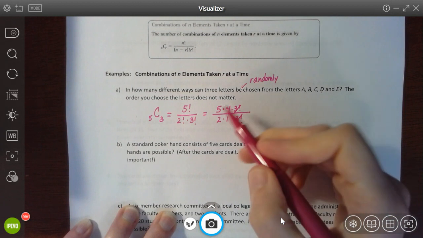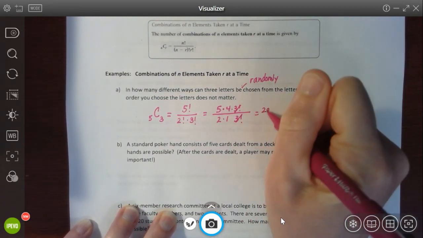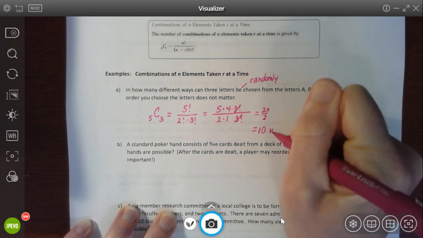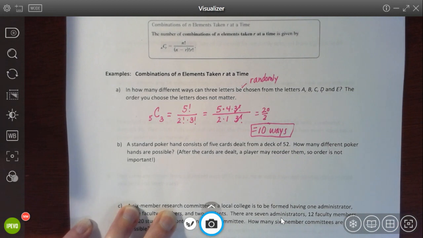So for this one, I have 5 times 4, or 20, divided by 2, and 20 divided by 2 is just 10. So there are 10 ways that I can choose 3 letters from that set of 5. So very similar to what we did with our permutations, but again, we're taking out duplicate sets.